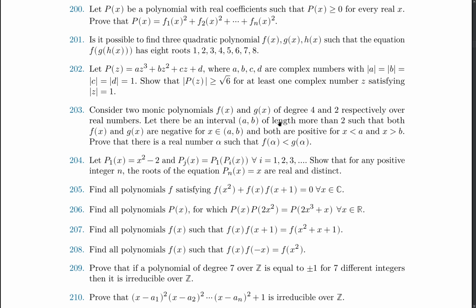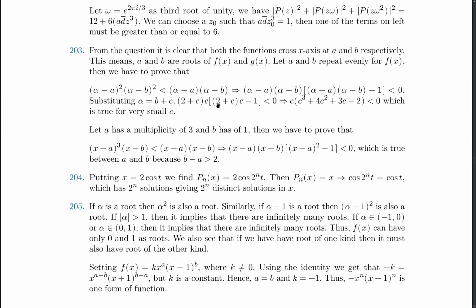So what is given? Okay, so the length is more than 2, that is, b minus a is 2. So that is where that 2 is coming from. So now once we have this, we can write this as c into (c cube plus 4c square plus 3c minus 2) less than or equal to 0, which is true for very small c.